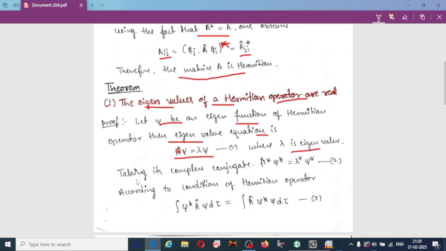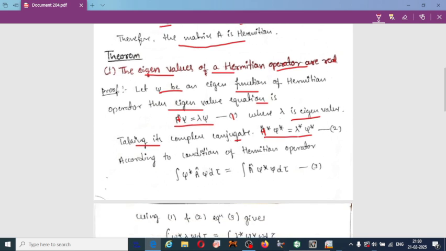Let us consider it as equation 1. Taking its complex conjugate, that is A cap conjugate psi star is equal to lambda star psi star. So the complex conjugate of equation 1 is given by equation 2.